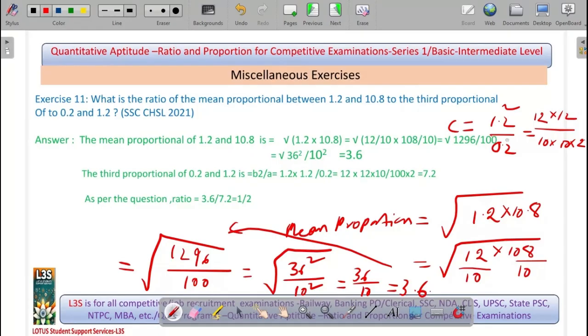So instead of 0.2 we write 2 by 10. So 10 will go here. If we simplify this, we will get 7.2.